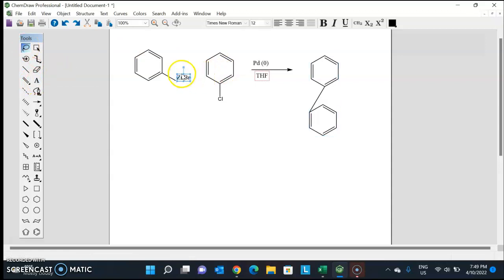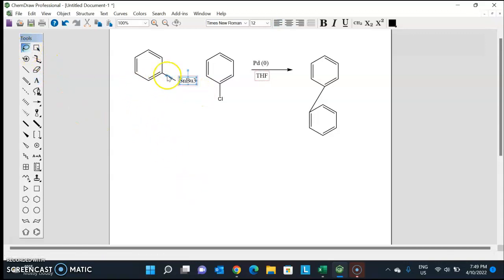So for the next reaction, we're just going to change this to be tin-butyl-3.